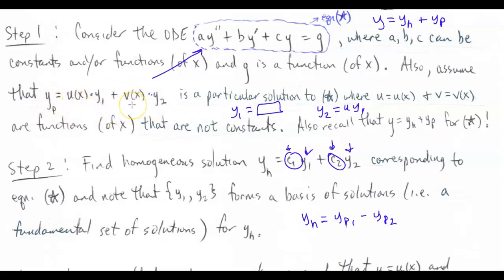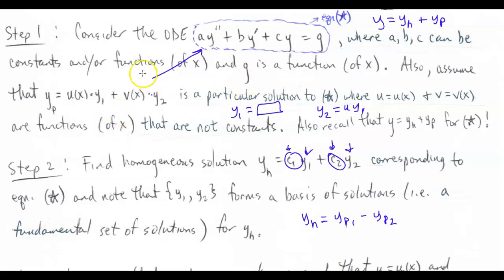So going back here, we have this ordinary differential equation that is non-homogeneous, so our g of x is not equal to 0. We know that our total solution is going to look like this. Our particular solution is going to be of this form here, okay? So our first step is to make sure that we realize all of that, okay?